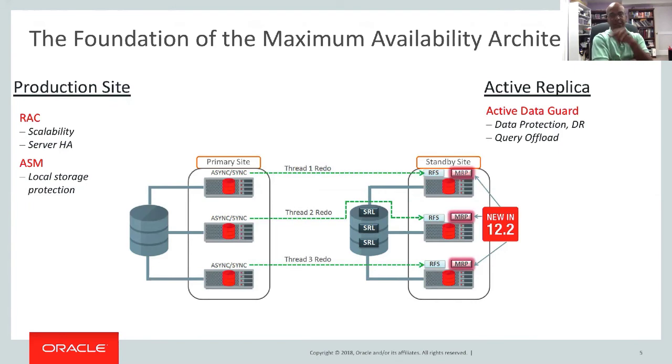The moment the instance crashes, the clusterware would attempt to restart that instance. And if it's able to successfully restart, it will join in. And other than some alert log entries notifying you that, hey, that instance went down, the data would be synced up very smoothly, without users even knowing that an instance went down.